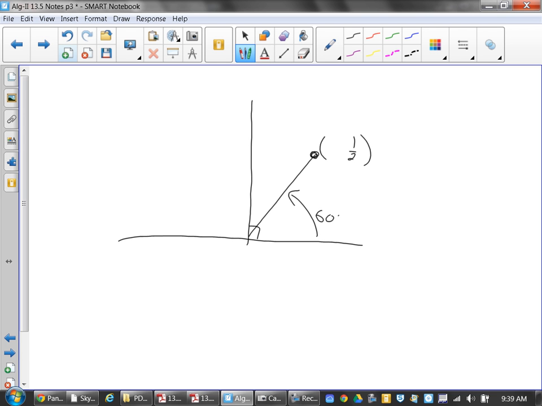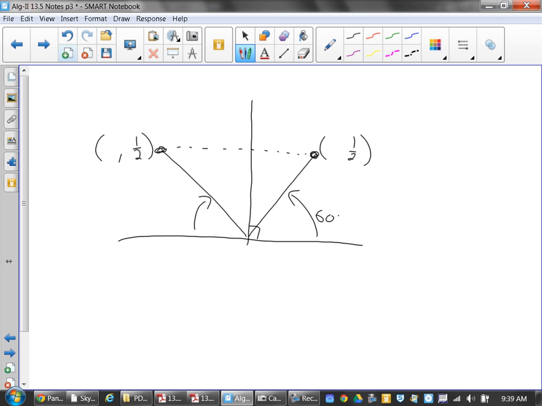Now, if I go to the second quadrant, does my y value change if I stay horizontal there? No. If I make this a 60-degree angle coming up this way, isn't that still the same angle? Which means the y value here doesn't change. What changes is the x value. The x value becomes negative.